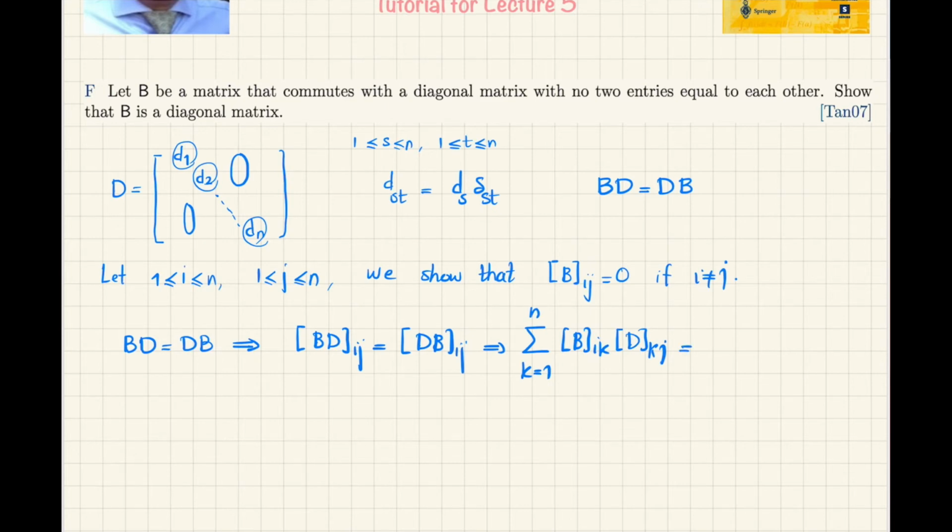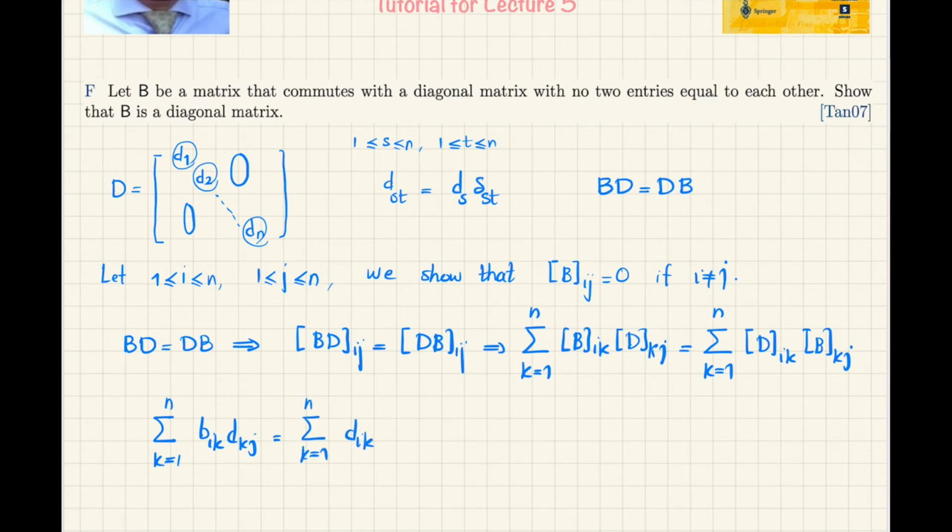This should be equal to the sum, again k goes from 1 to n, of the ikth entry of D times the kjth entry of B. Let me write everything with lowercase letters, it is easier: sigma of b_ik d_kj, k from 1 to n, equals sigma of d_ik b_kj, k from 1 to n.